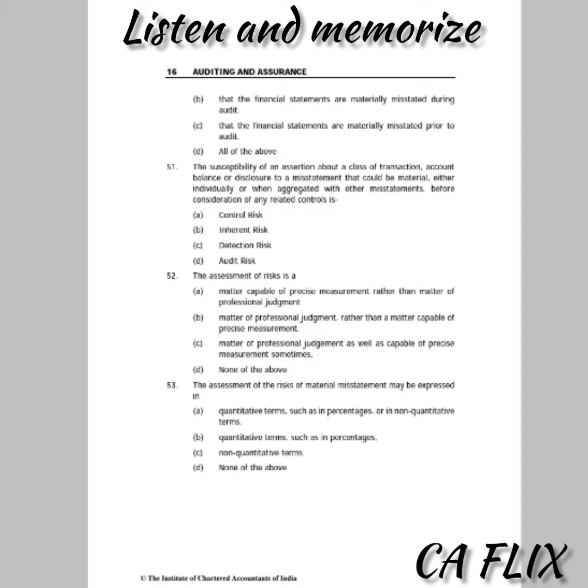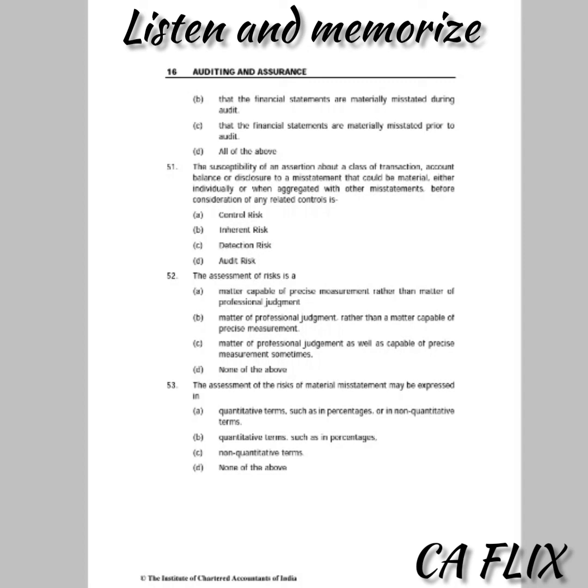Answer is option B, inherent risk. The susceptibility of the assertion about a class of transactions, account balance or disclosures to misstatement that could be material, either individually or when aggregated with other misstatements, before consideration of any related control is inherent risk.